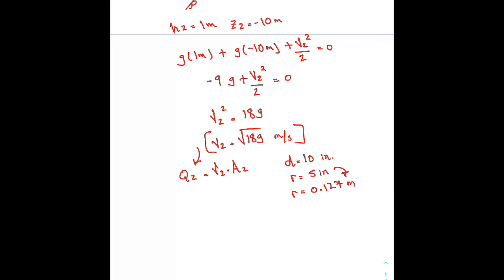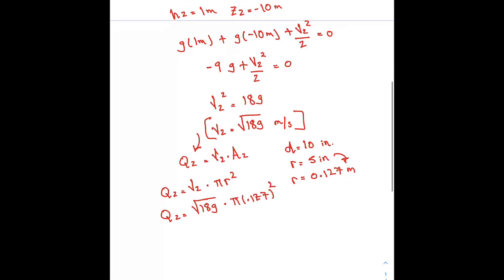Okay, and so our volumetric flow rate will be Q2 equals V2 times pi r squared. So Q2 equals, what is V2? Square root of 18G, you already found that, times pi times 0.127, which is our radius, squared. So from here, we found the volumetric flow rate at 2.